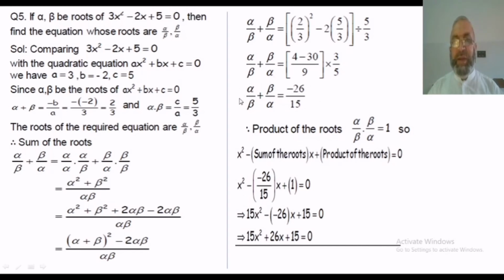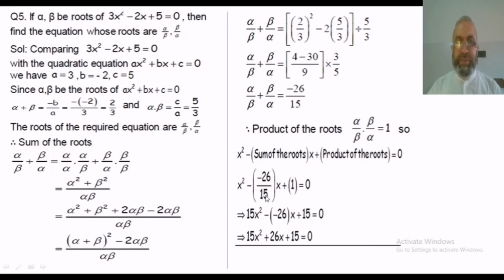Now the product of the roots, alpha by beta into beta by alpha, they cancel each other, is equal to 1. So we get two values, the sum and product of the required equation. Putting in the given relation, x square minus the sum of the roots into x plus the product of the roots is equal to 0. X square minus minus 26 by 15 into x plus 1 is equal to 0.